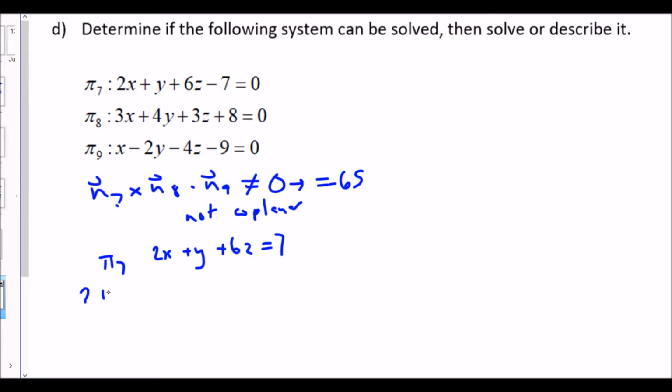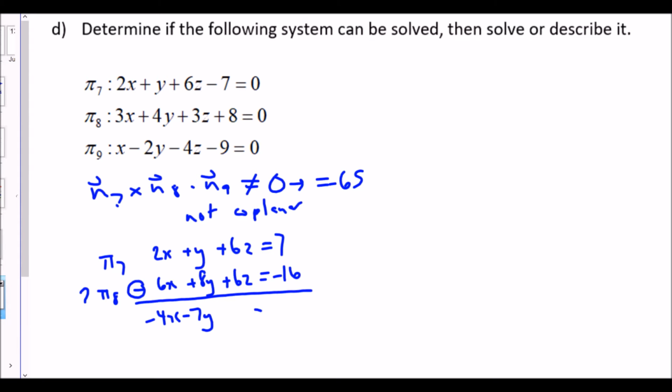So I'm going to have here 6x plus 8y plus 6z equals negative 16. All right, I'm going to subtract because my z's are the same. So I'm going to have here negative 4x minus 7y is equal to, this is a bit tricky, 7 plus 16 is 23. There's my first equation. I'll call that equation 1.